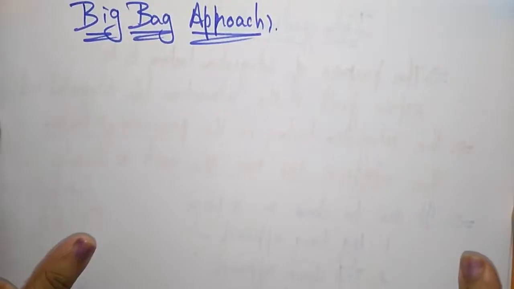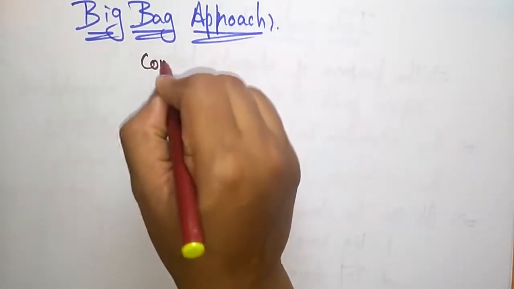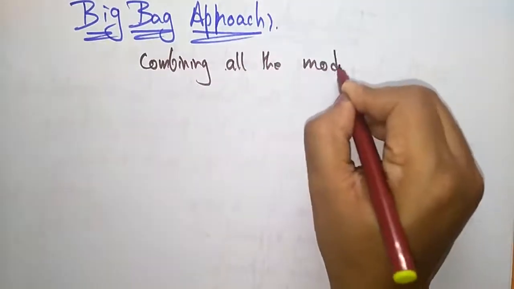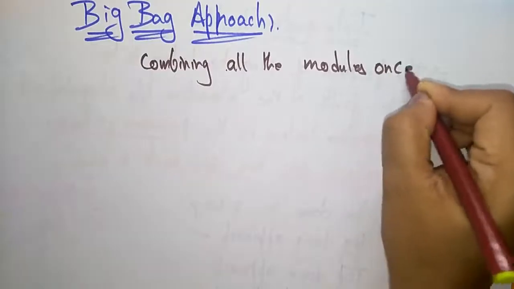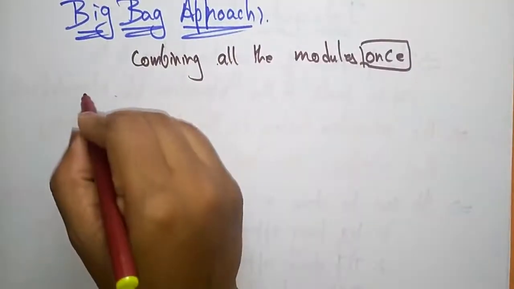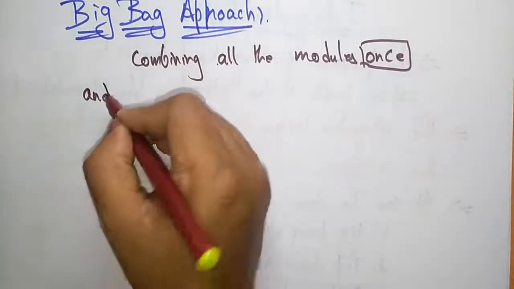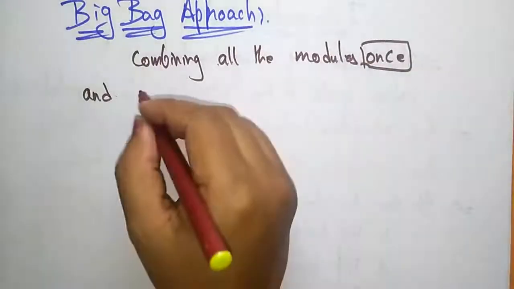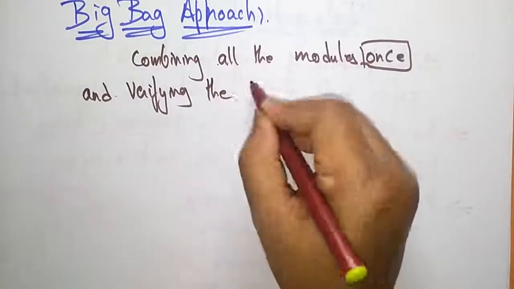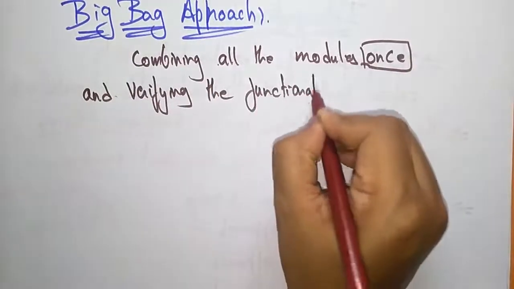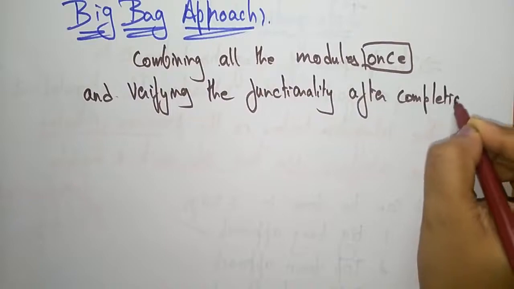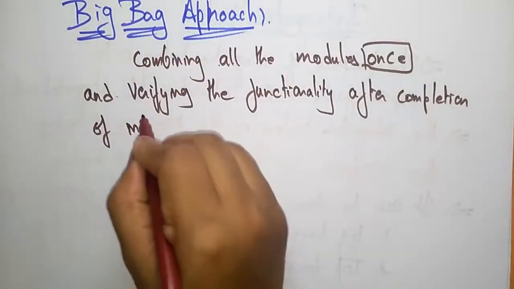So what this Big Bang approach is doing, it is combining all the modules once. You have to note this down: combining all the modules once and verifying the functionality after completion of individual module testing.